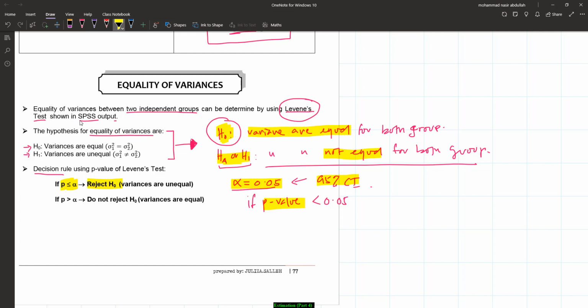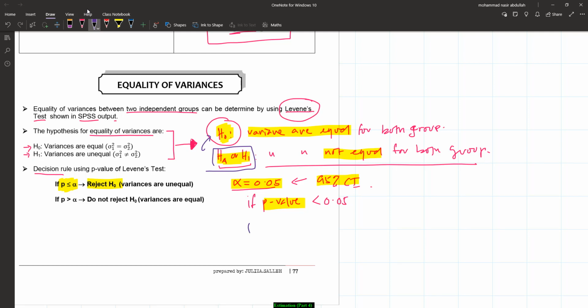For 5%, alpha is 0.05. So if the p-value is less than alpha, which is 0.05, we reject the null hypothesis and conclude the alternative hypothesis, which is that the variances are not equal.